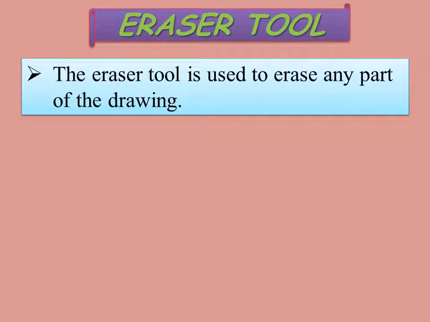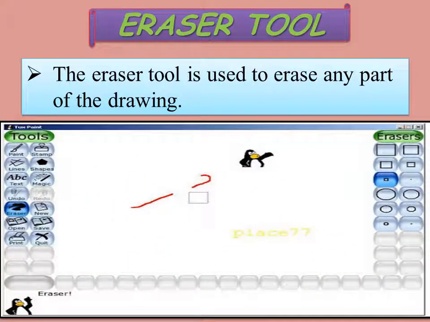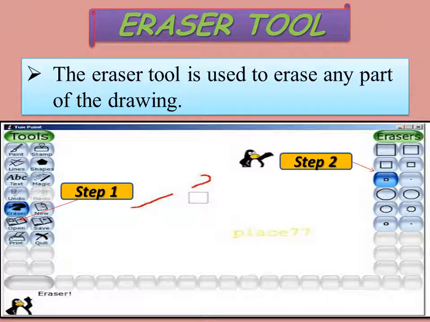Eraser tool. The eraser tool is used to erase any part of the drawing. Steps to use eraser tool on Tux Paint. Step 1. Click on the eraser tool from the toolbar. Step 2.